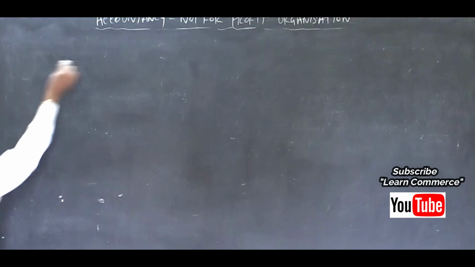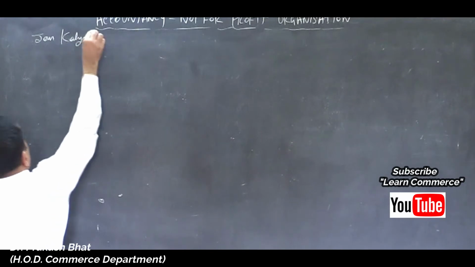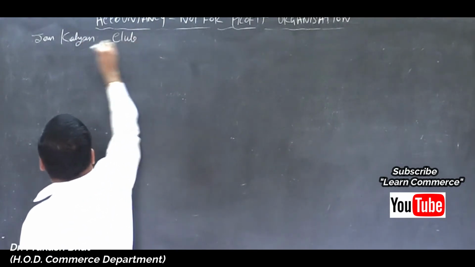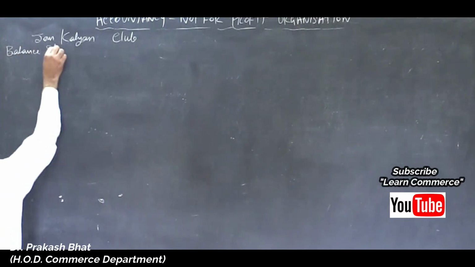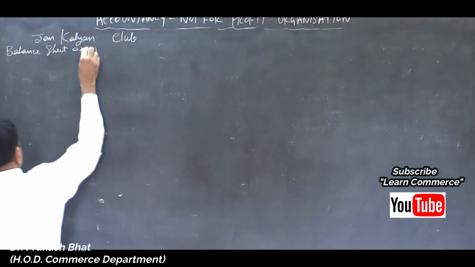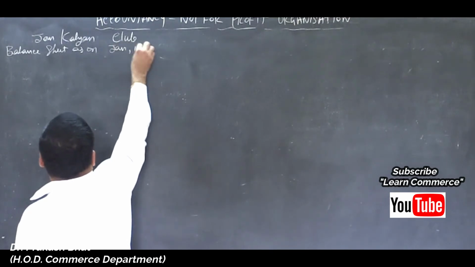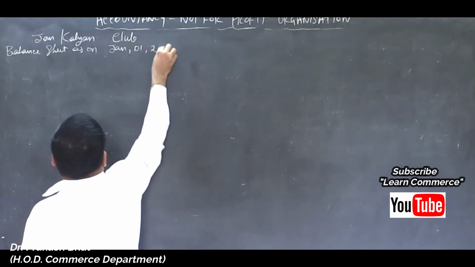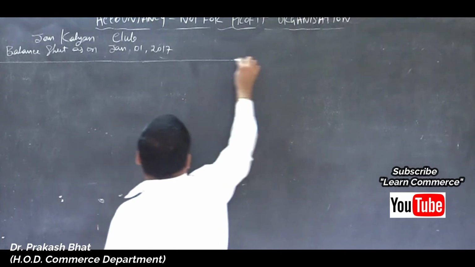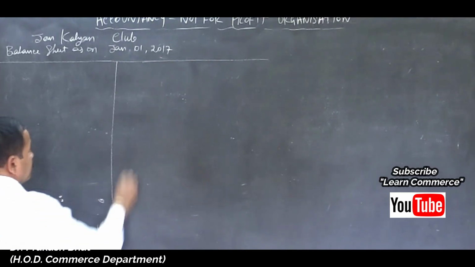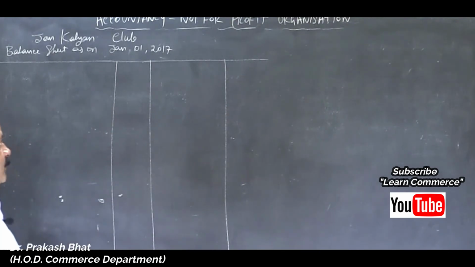Jan Kalyan Club, balance sheet as on 1st January 2017. Draw the columns. Liabilities, amount in rupees. Assets, amount in rupees.